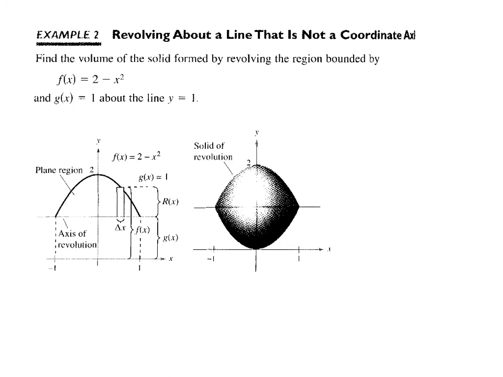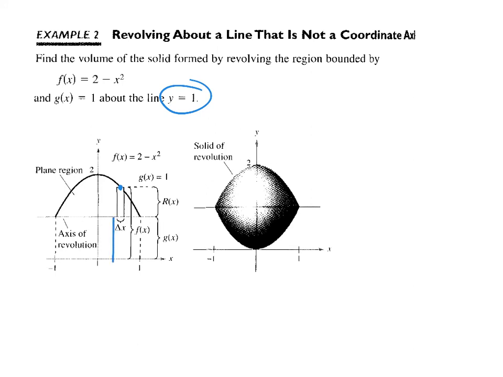If I'm revolving it about a line that's not a coordinate axis, I have f of x in this case is 2 minus x squared. The key to this one is that you have your f of x, and you have the line that you're revolving it around, which is the 1.